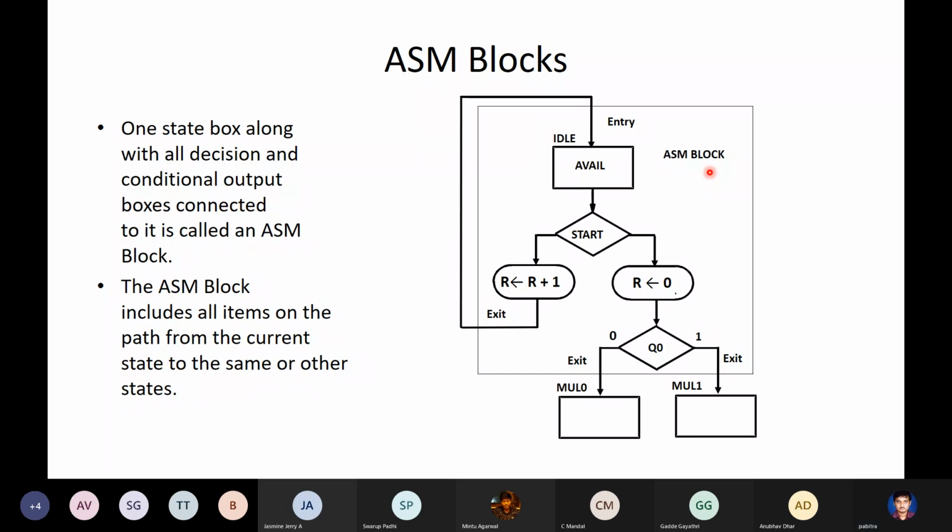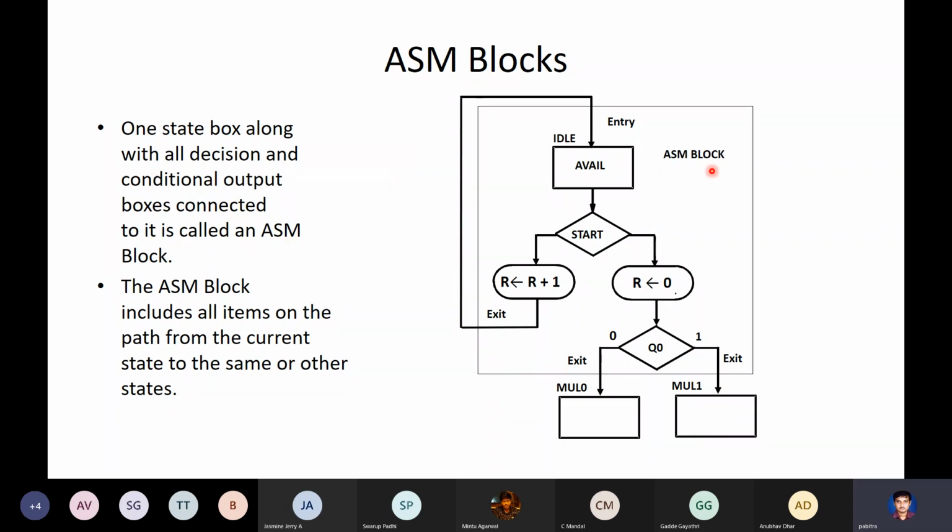So for example, this ASM block consists of the state idle, the condition check start, the register transfer outputs, these two register transfer actions, along with one more condition check, Q0. So this entire thing would be called an ASM block.